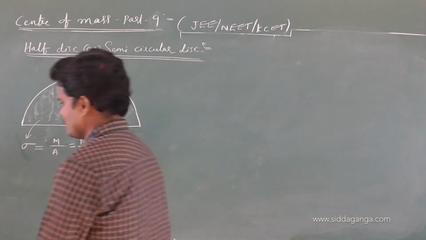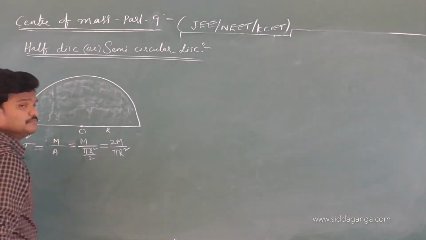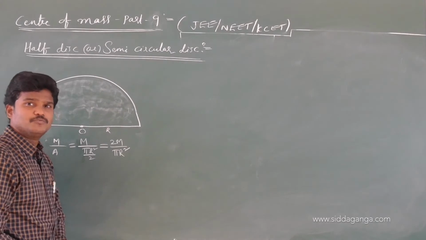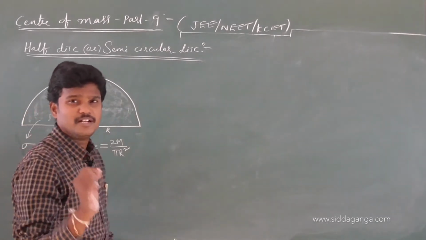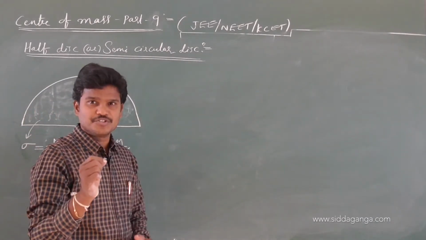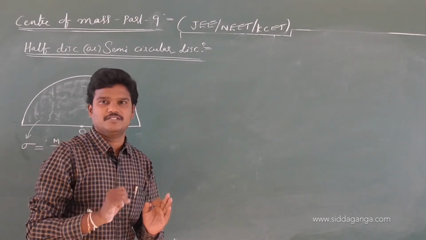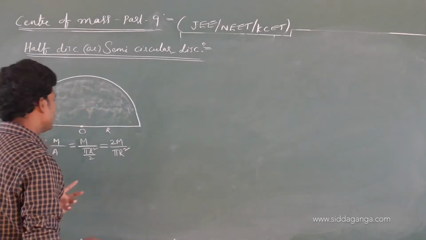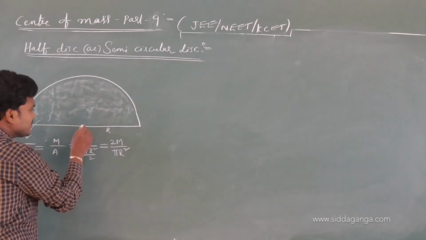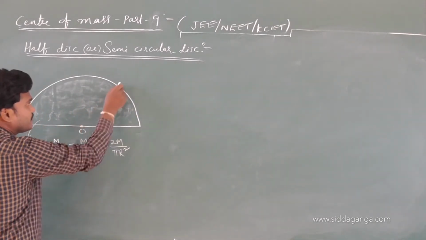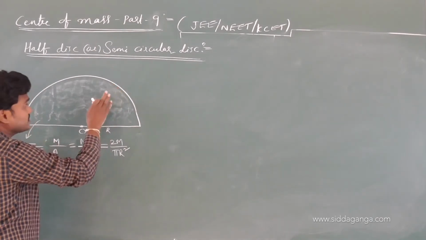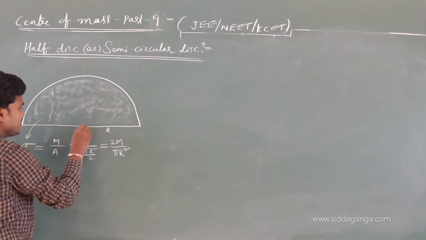Now to solve this problem, again you have to go for an integration, which means you take a small elemental portion and apply the integration with the proper limits, then we will get the answer. So take a small portion like this. If I take the earlier part, it's not possible, because everything has to be covered. So let us take it like this.